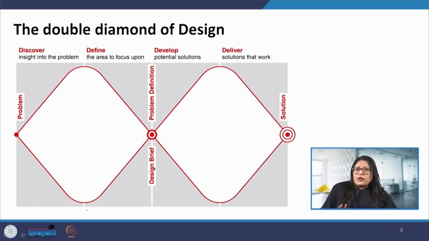But before we actually start applying this method, there are a few preparations that usually should be made. The 2 important things when we are planning to apply the double diamond are the team that is going to work on the project and the space.